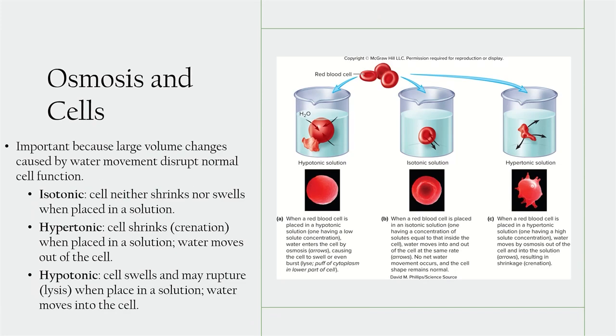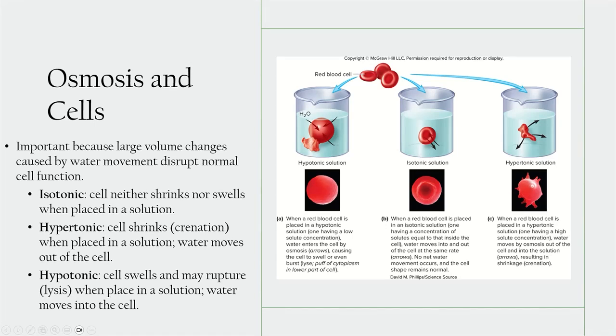Well, for us, when we look at it with cells here. So isotonic, the cells aren't really changing shape here, like in B. And the example we always give is red blood cells, right? Because they're sitting in a water solution all the time. Hypertonic solutions, what happens here is cells shrink, or crenation occurs, because when you place the cell in solution, the water moves out because there is a higher concentration of the solute outside of the cell than inside the cell.